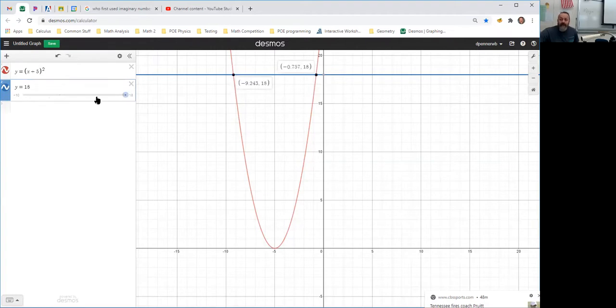So notice the 18, but I'm going to try something. And instead of what's there, I'm going to try negative 5 minus 3 square root of 2, comma, 18, because that should have been the place where they hit. And what do you notice? That did actually do that.